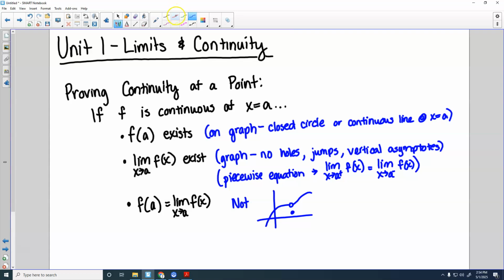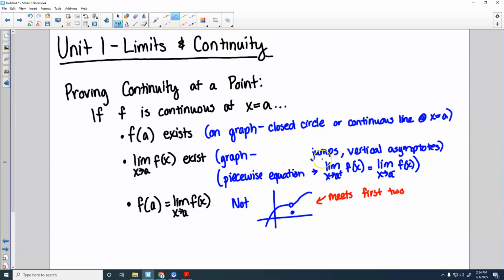This example right here meets the first two requirements. Actually, I should take holes off right here. Your limit can exist at a hole, but it's not going to be continuous.